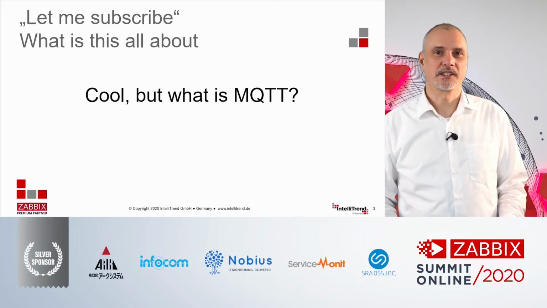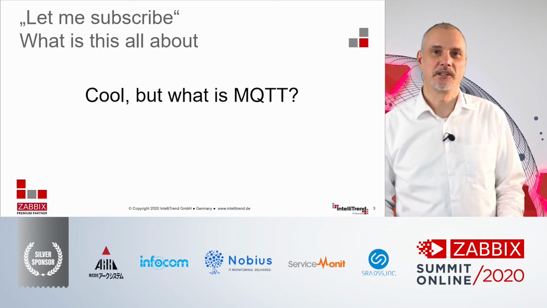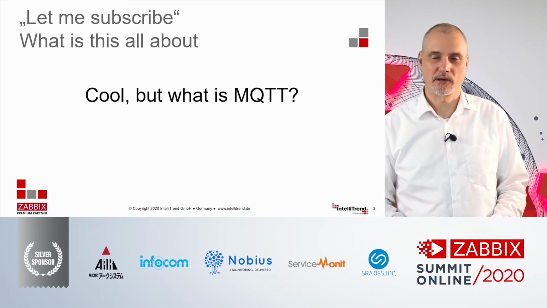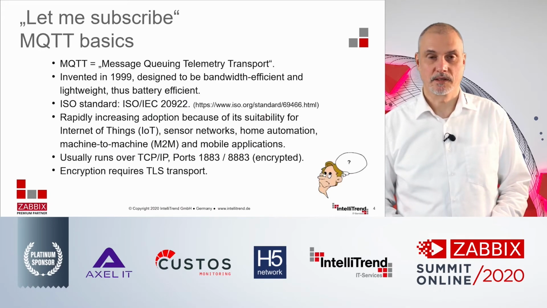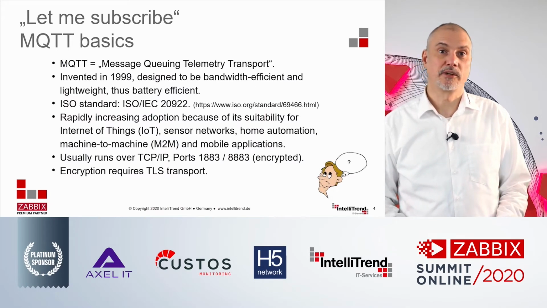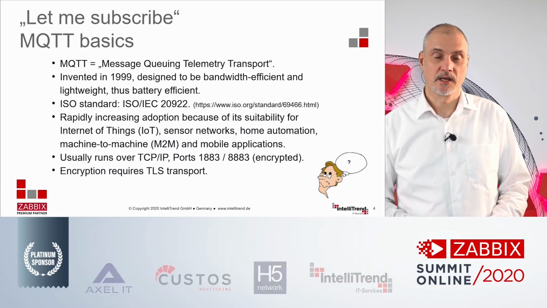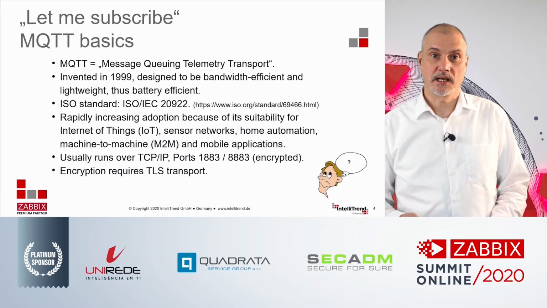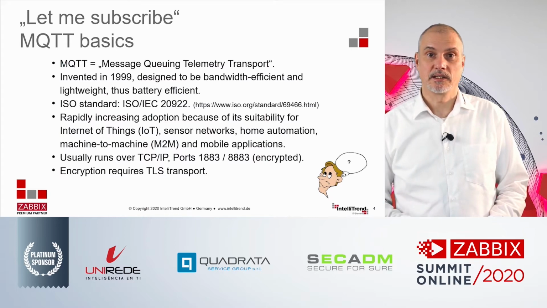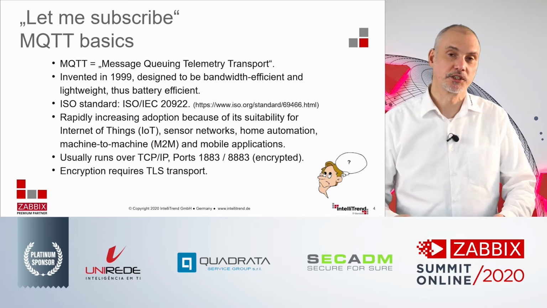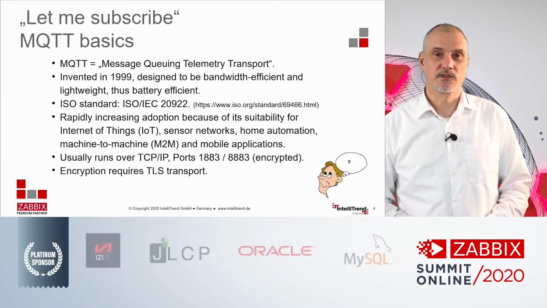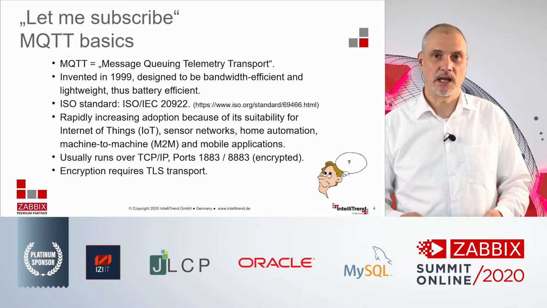So the question is, what is MQTT? What is the story about MQTT? Let's have a look at the basics. MQTT is the abbreviation for Message Queuing and Telemetry Transport Protocol. It was invented in 1999, designed to be bandwidth efficient, lightweight, battery efficient, and a friend of mine told me it was also initially developed to allow monitoring oil pipelines.